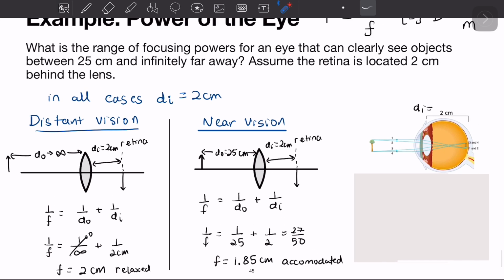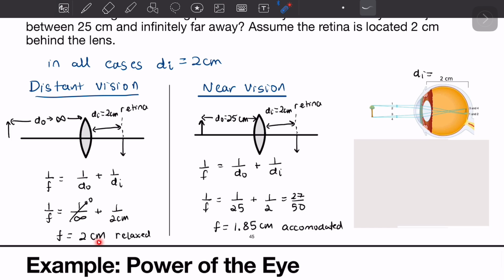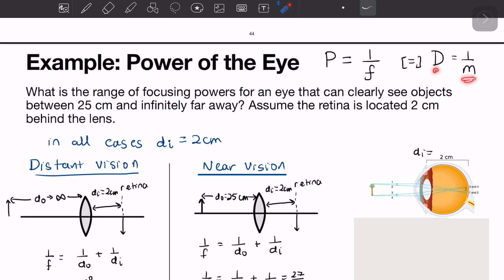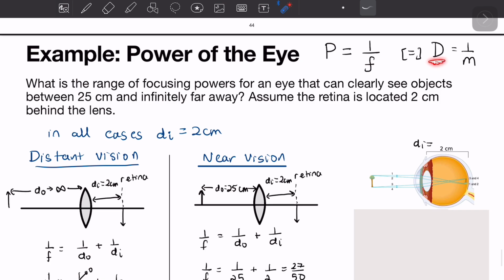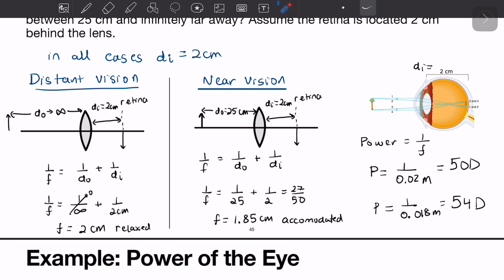Now let's calculate the corresponding power. Basically do 1 divided by 2 centimeters, but we need to convert to meters because diopters are inverse meters, not inverse centimeters. So convert each of these to inverse meters, and we get 1 over 0.02 meters, meaning 50 diopters. And then for the accommodated vision, we get this.